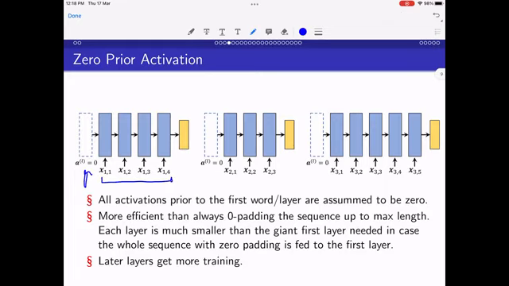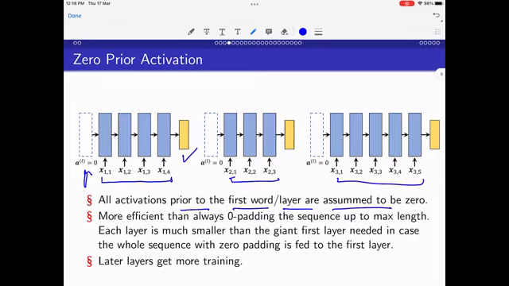Very similar to the zero padding idea in the naive approach. So all activations prior to the first word or first layer are assumed to be 0. It does not change anything in terms of the output, whether it was a 4-layer network, a 3-layer network, or a 5-layer network, because you are just passing 0 previous to that.